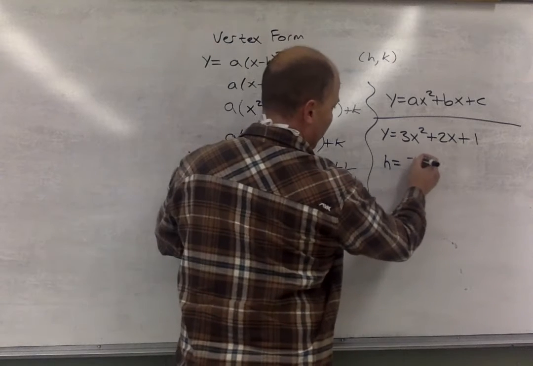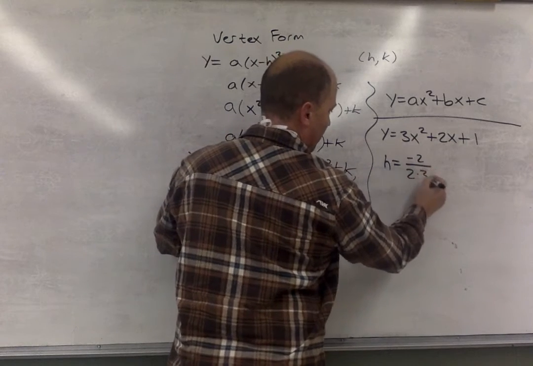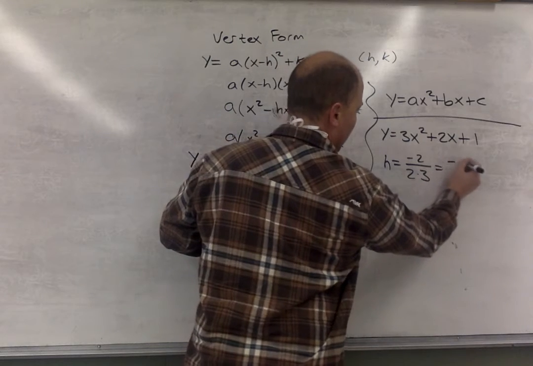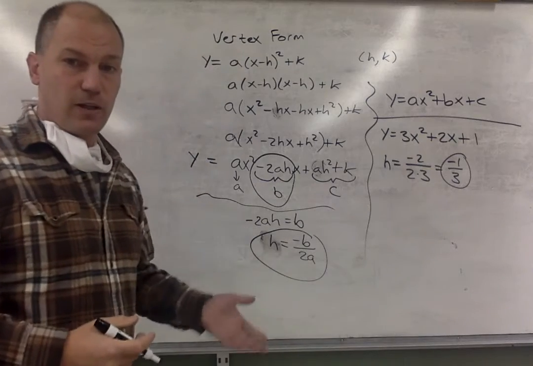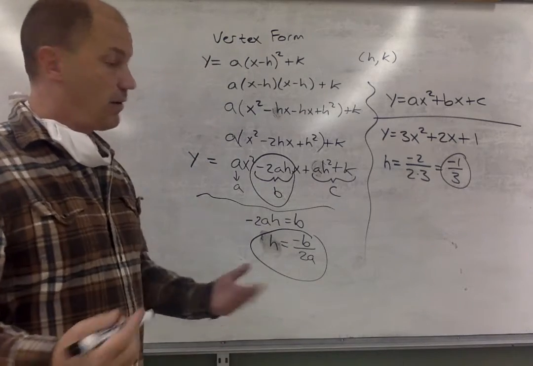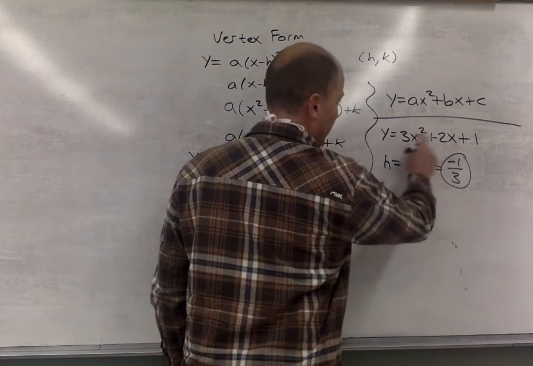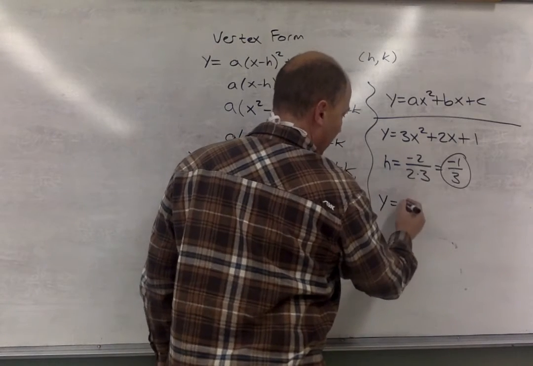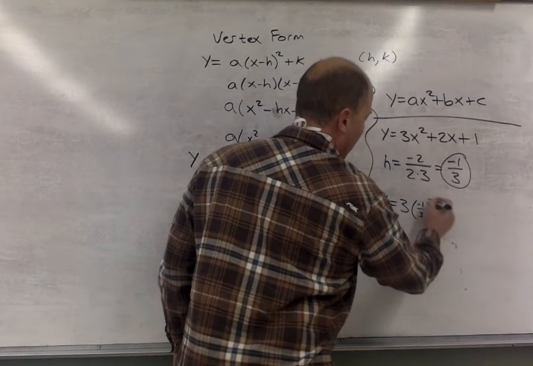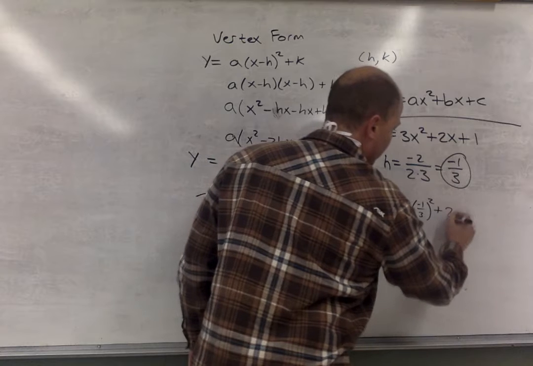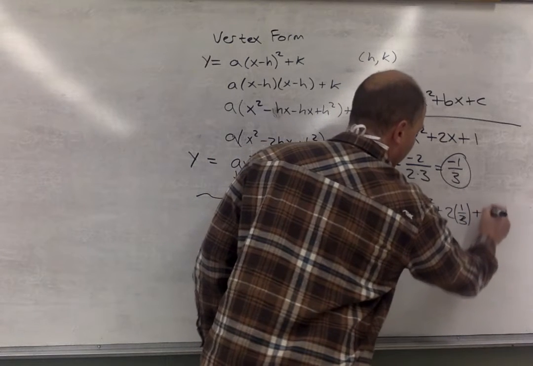So that's negative 2, that's b, divided by 2 times 3, which is negative 1/3. So now I know where h is. Now I can backtrack and figure out where is k. So I know that if I plug in negative 1/3 into this equation, I'll know the y coordinate of my vertex.